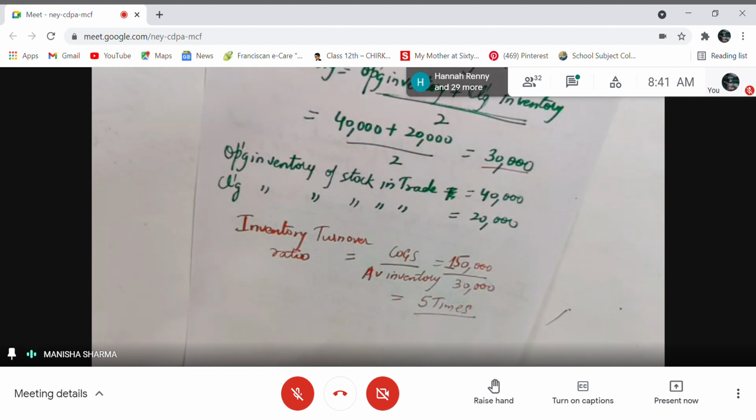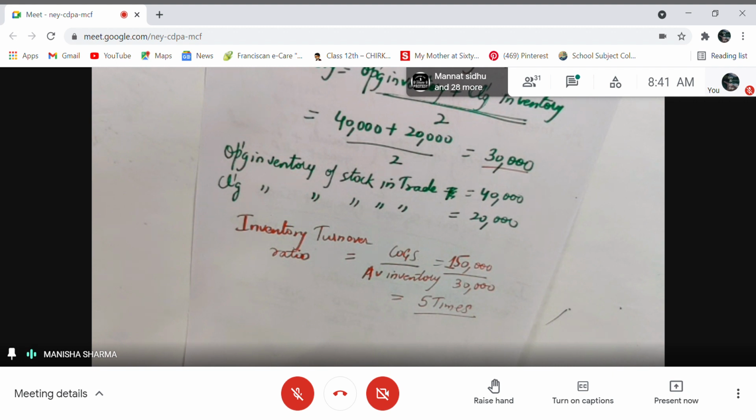I told you the other formula for COGS: when the statement of profit and loss is given, you have to take, as we know in the statement of profit and loss, everything, purchases of raw material in the form of purchase of stock in trade. You will take all those items, and finished goods and work in progress.